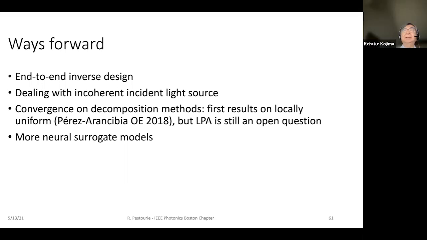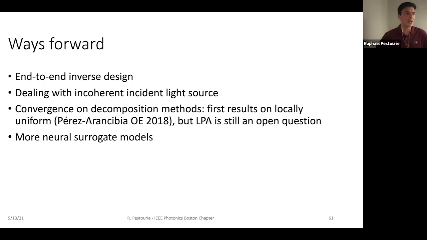Is that your question? My question is, is there a rule of thumb of where the LPA breaks down? Yeah, I would definitely say that 30 degrees is a lot. In that case, I would use another domain decomposition method.